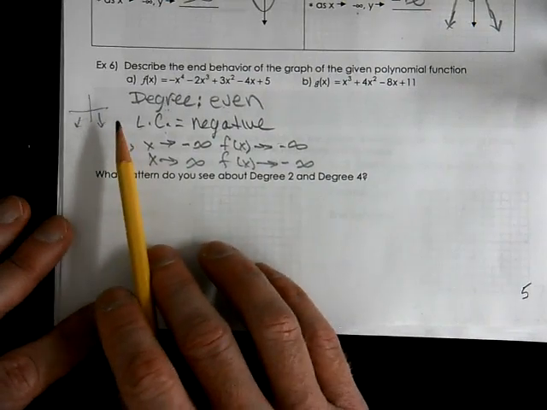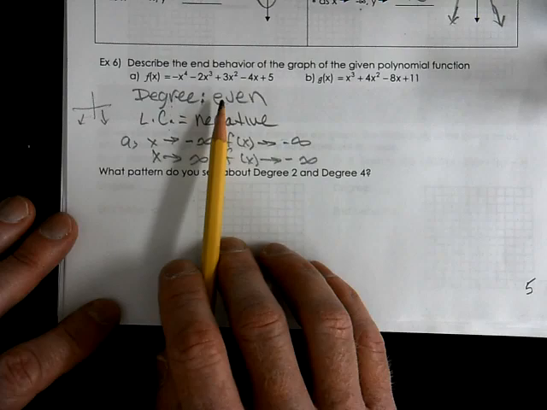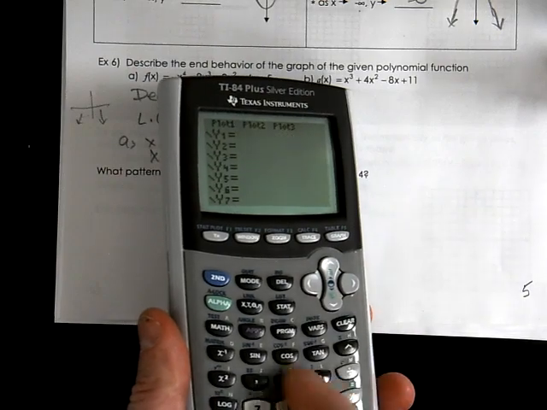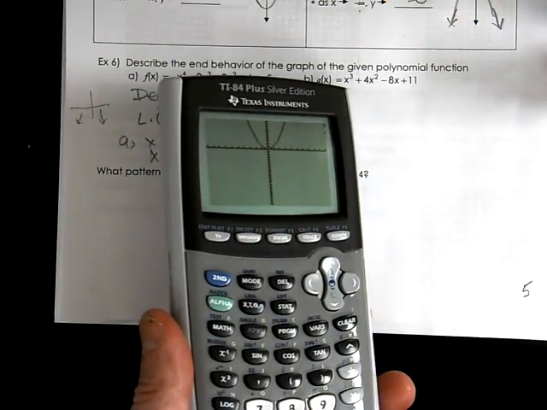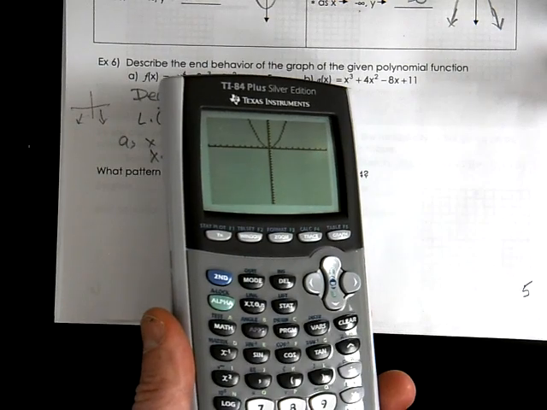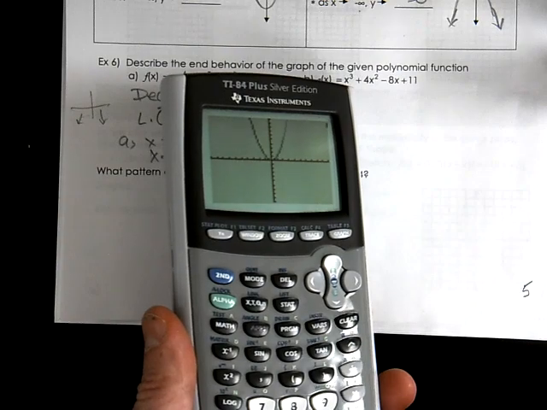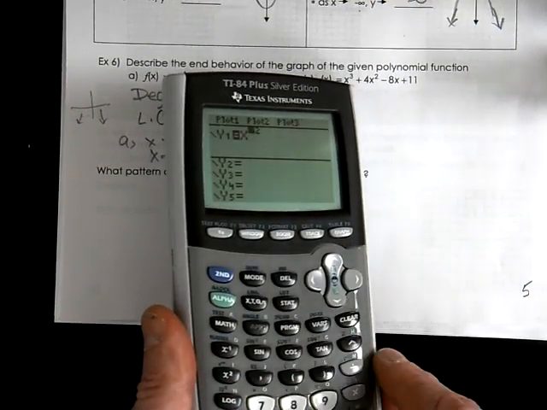Use your past knowledge. Even is like a quadratic. You know what x squared looks like. So x to the fourth, that could be new for you.